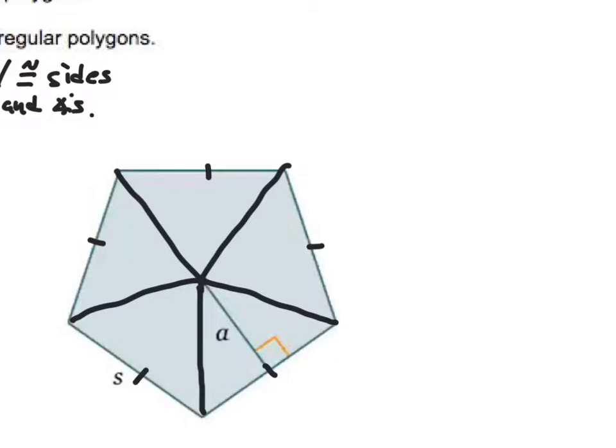If I just talk about one of these triangles, maybe this one, and this side length is side length S, the area is going to be 1/2 times the base, which is S, times the apothem A.